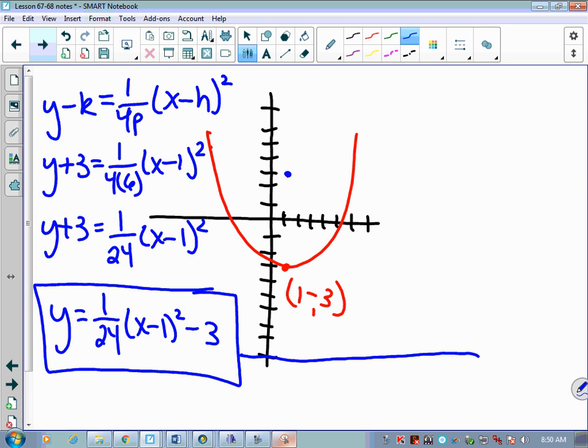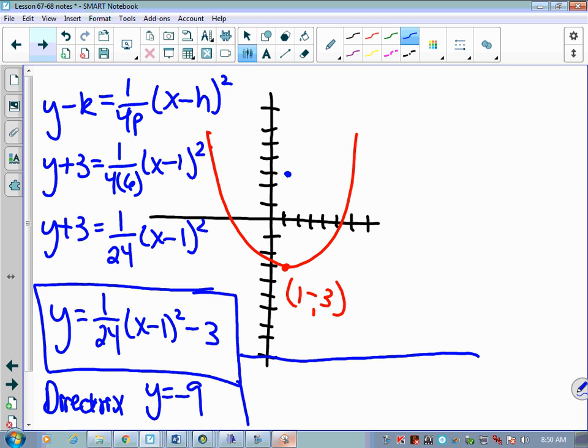So my directrix is, but how do I write the equation of a horizontal line? Is it x equals or y equals? Y equals, and in this case, what is it? Negative 9.